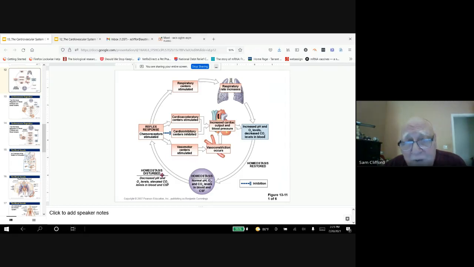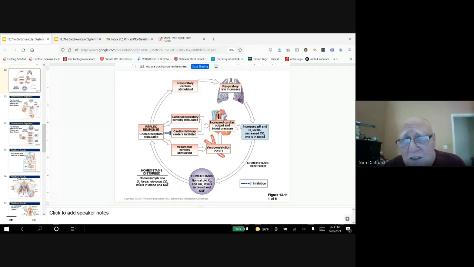So if you have decreased pH and O2 levels and elevated CO2, you're going to sense that change, using cardio acceleration, inhibiting this center, and vasomotor centers, which causes vasoconstriction. All that's going to increase blood pressure. And when blood pressure and heart rate go up, the respiratory centers are stimulated, more CO2 is eliminated, the pH goes up and oxygen goes up.